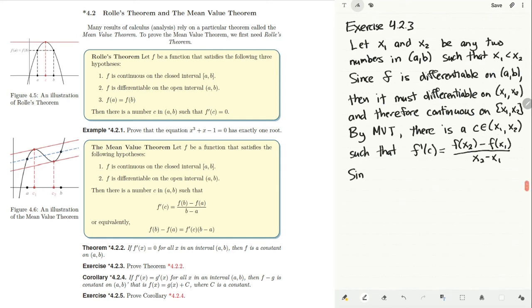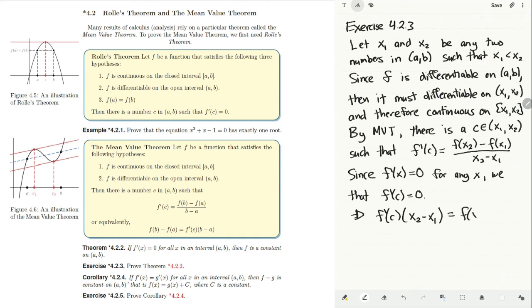Now since f prime of x is equal to 0 for any x, we have that f prime of c is equal to 0. And so this tells us that f prime of c times x2 minus x1 will be equal to f of x2 minus f of x1.